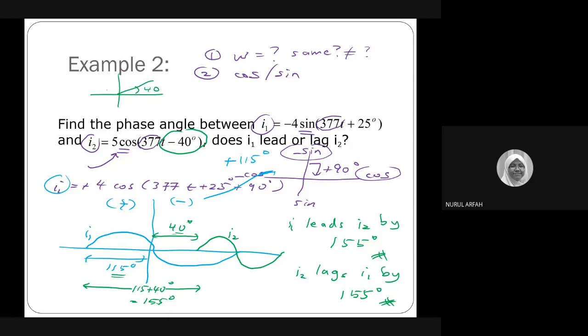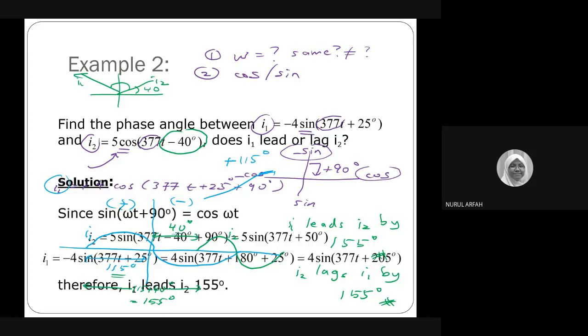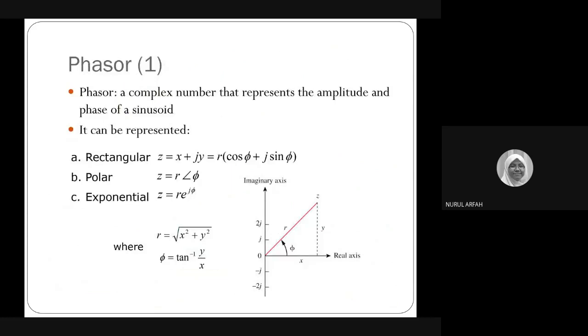So 115 plus 40, this is I1 and this is I2, so it is equal to 155 degree. But how to do that? You need to check back your textbook. All right. Okay.